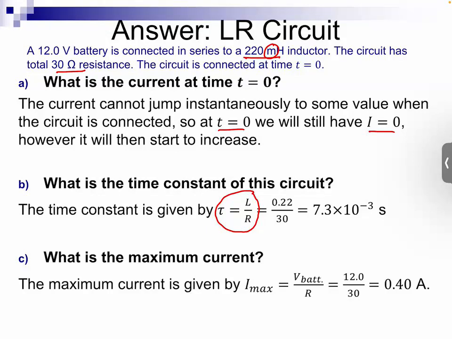And that's the maximum current. The maximum current is provided by the battery, assuming that you only have the resistor there. So the voltage is given and the resistance is given. So this will be the maximum current in your circuit, which will also be the current when your inductor becomes fully charged.